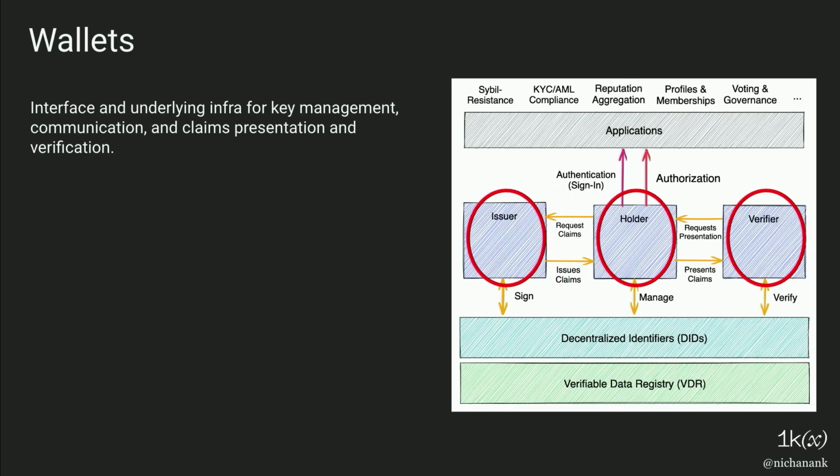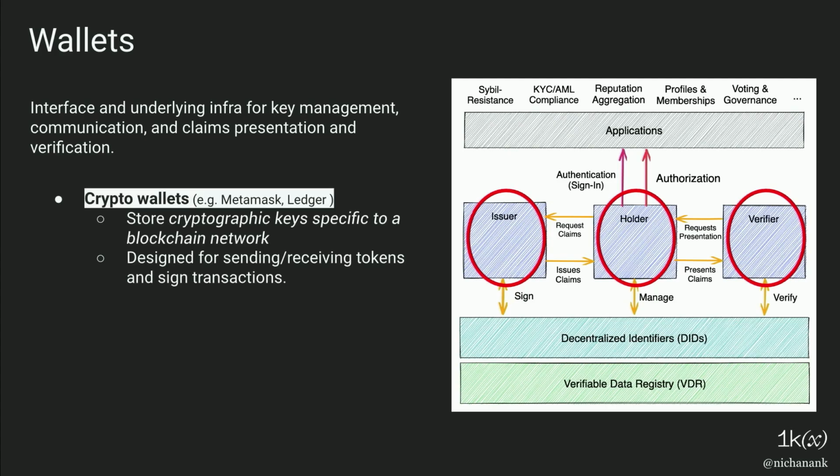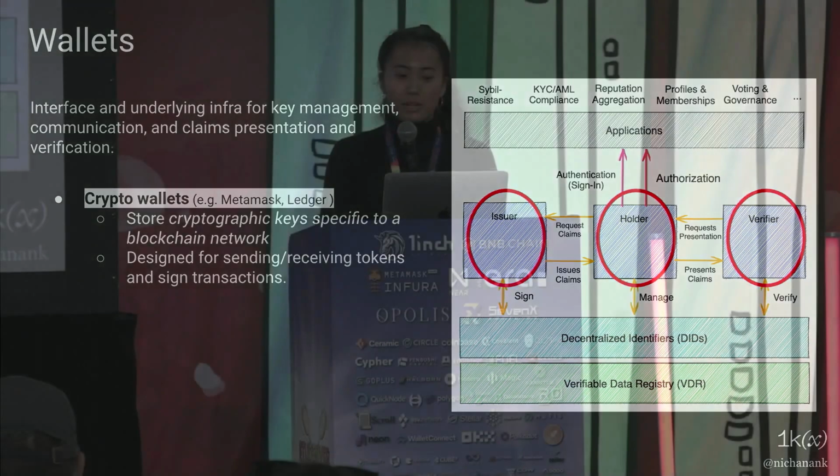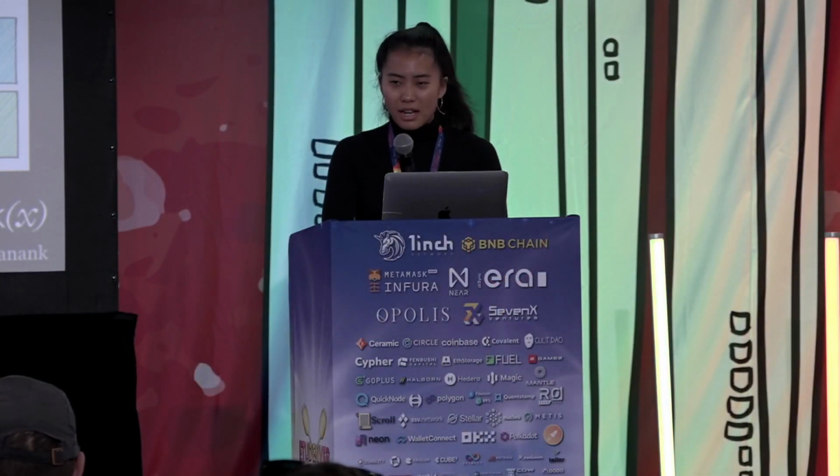Okay, so the wallets. The wallets here are essentially, broadly speaking, an interface where you're doing all these actions. So it's an interface and all the underlying infrastructure for key management, communications, and how these issuers, holders, verifiers are making claims about each other. It's worth making a distinction here between crypto wallets like MetaMask and identity wallets.